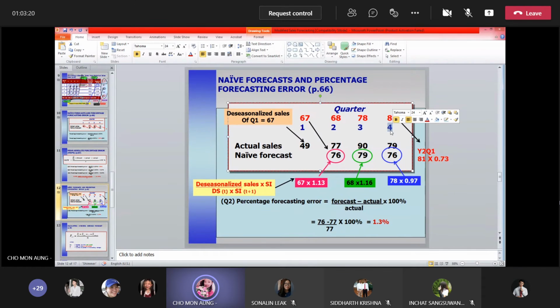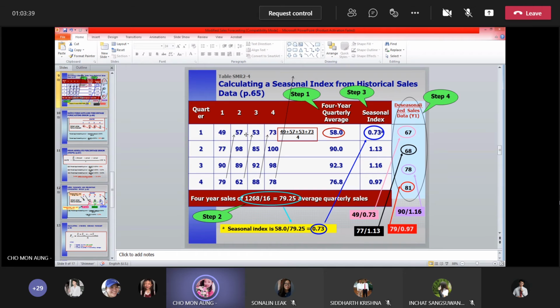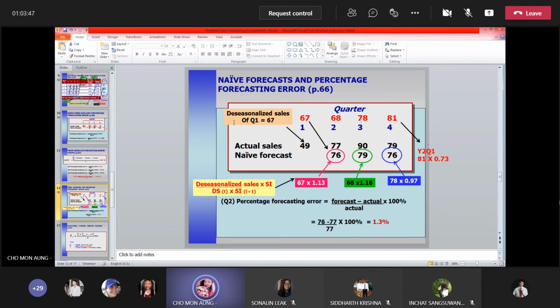So the percentage error for quarter 4 is 76 minus 79 divided by 79. So you can reduce the error a lot by using deseasonalized sales data. That's why it is suggested that instead of using actual sales data over many long periods of time, we should use the seasonally adjusted or deseasonalized sales data, which will help us reduce the forecasting error.